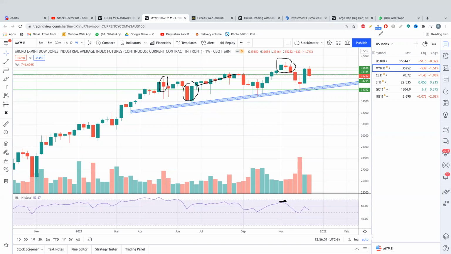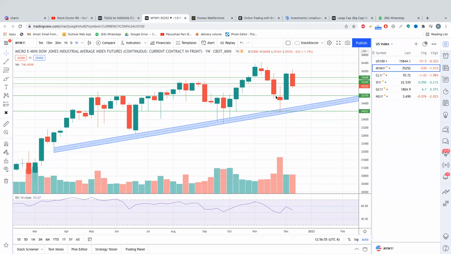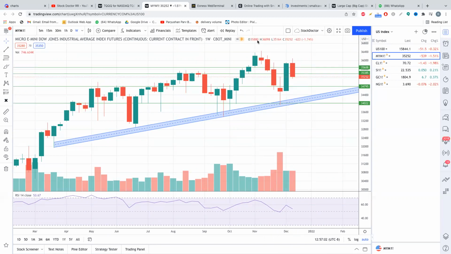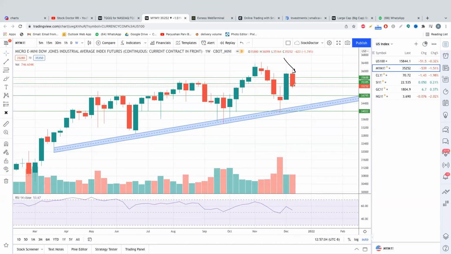Okay, so now what we are seeing on the weekly chart in the current state is that it has created almost a bearish engulfing pattern, not complete but almost, right? Because it is almost near 50% of the first candle.